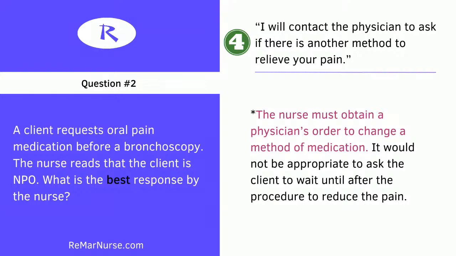So you have to get a physician's order if you want to change a method of medication. If a patient is complaining of pain, we cannot say, well, wait till after this or wait till after that. NCLEX, absolutely, they want us to address the issue that the patient is having.